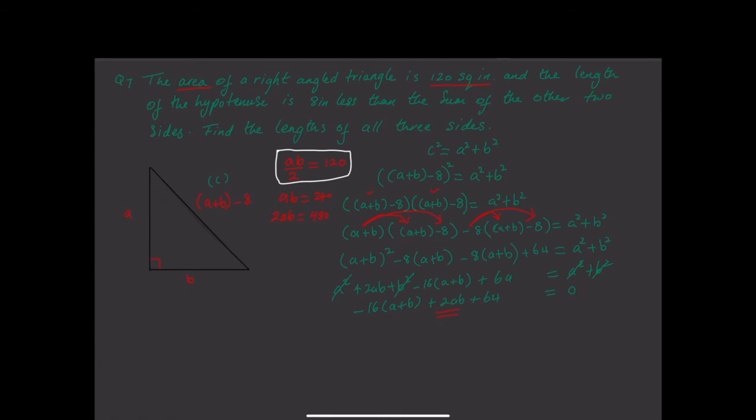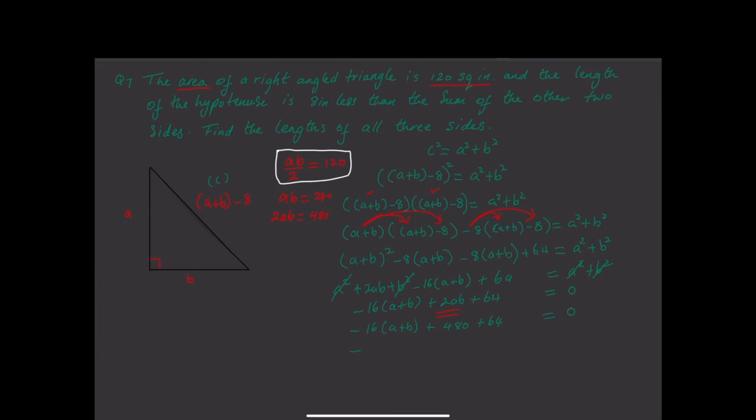So now we substitute, or we replace 2AB with 480. So we have minus 16 into A plus B plus 480 plus 64 is equal to 0.